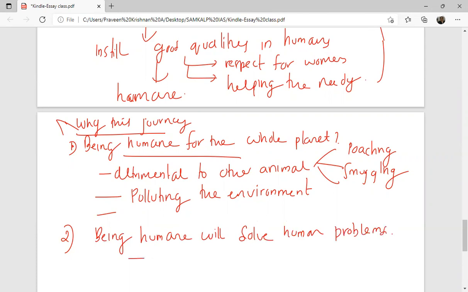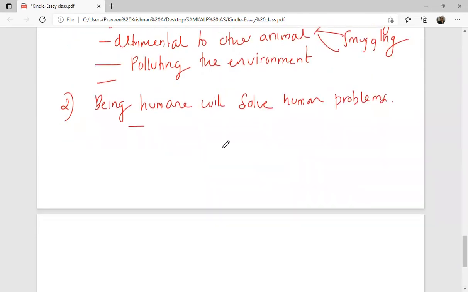Again, I'll try to expand this particular topic. What will I write here? Here I'll write about what will happen if we became more humane. We can speak about violence at many places in the world.